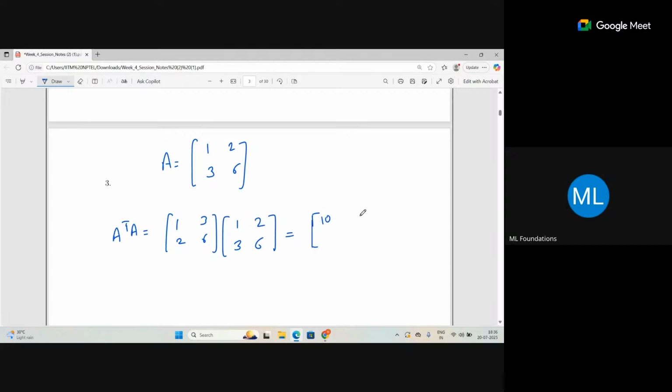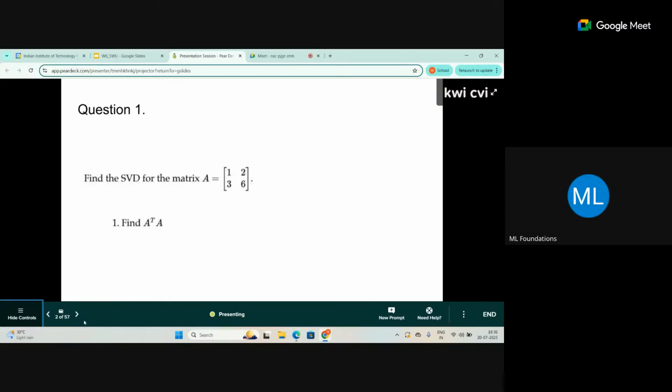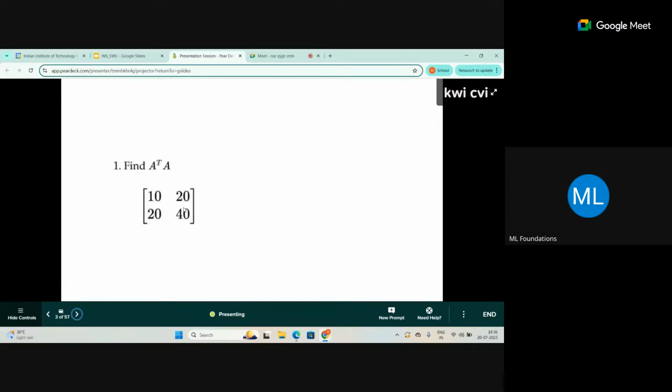Then 2 plus 18 is 20, 2 plus 18 is again 20, and 4 plus 36 is 40. So that will be your A transpose A: 10, 20, 20, 40. This is the correct answer.